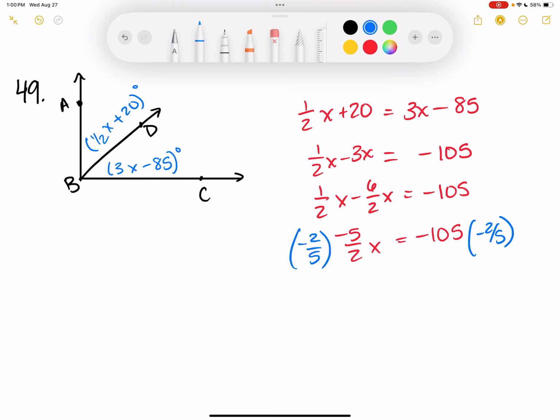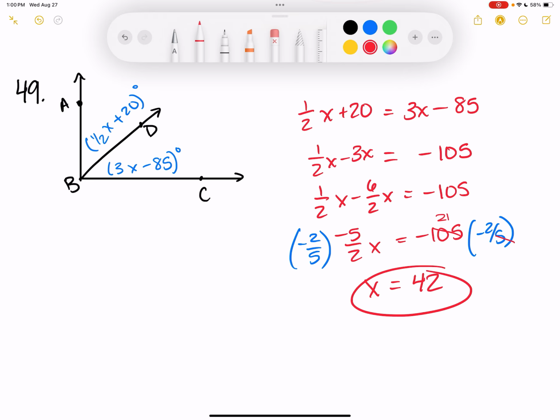I'm just doing it this way so we can see it. So I have x over here. The negatives cancel. 5 goes into 105 how many times? 5 does not go into 105 42 times. 21 times, I think. 21. So then I have 21 times 2. Whoever said it was trying to give me the answer, yes.